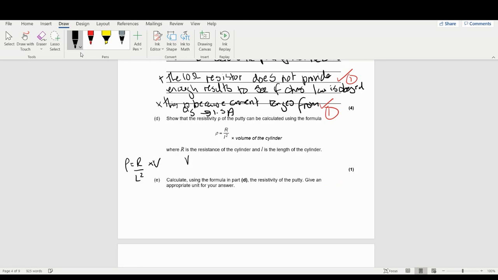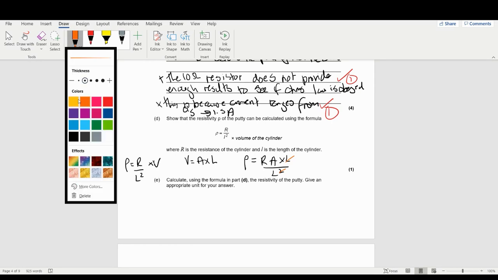So the volume of a wire, so really cheeky, they're using different blinking letters, is the cross-sectional area times by L. So if we were to put this into the formula, so rho equals RA times L over L squared, you'd get that L cancelling with that, getting RA over L, which is correct. And that was just worth 1 mark. It was quite a simple question, but they like doing it.